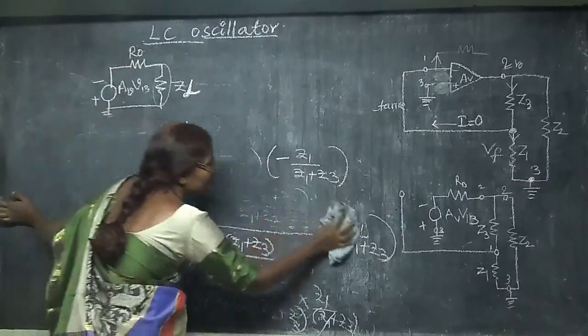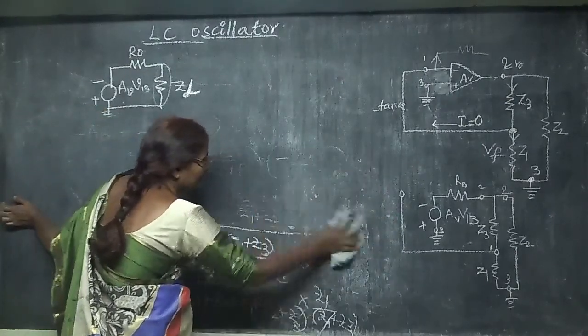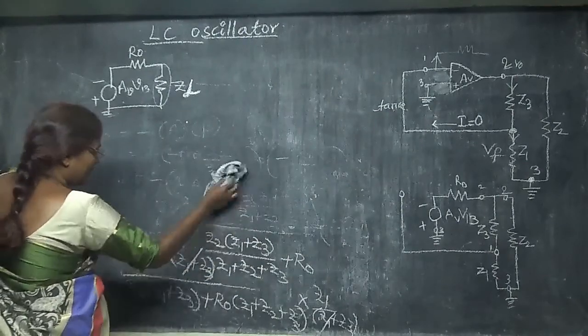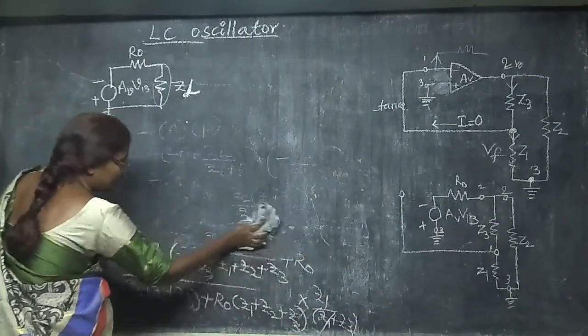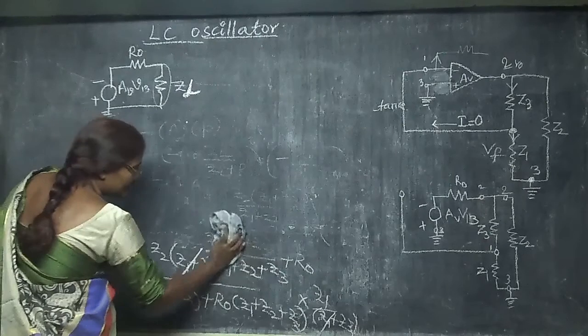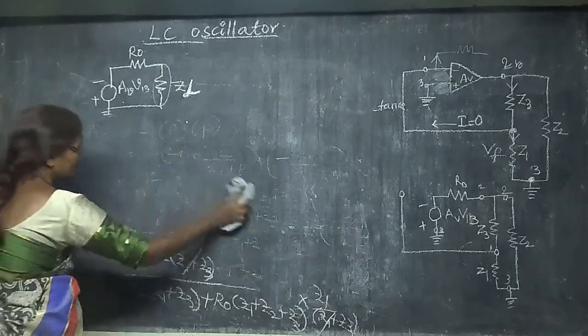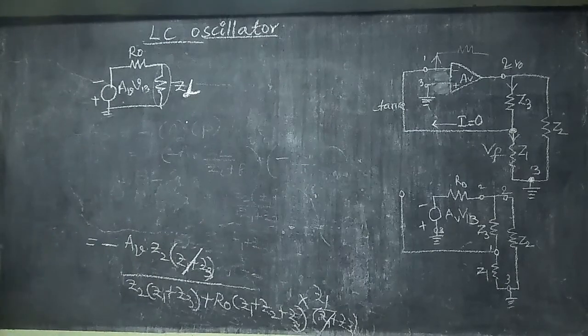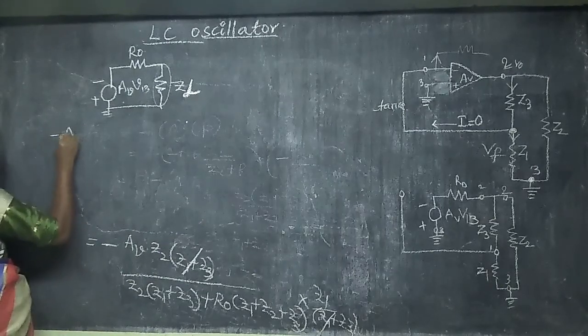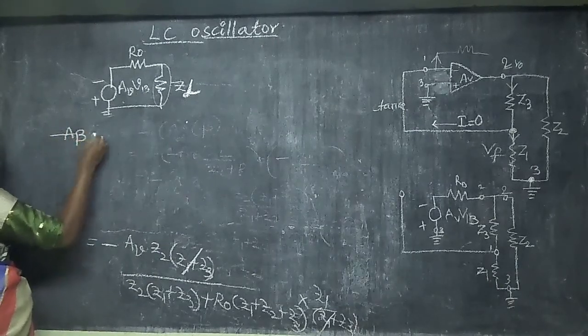So I am trying to get minus A beta. What is my minus A beta going to be?